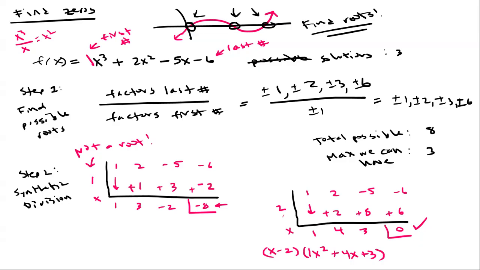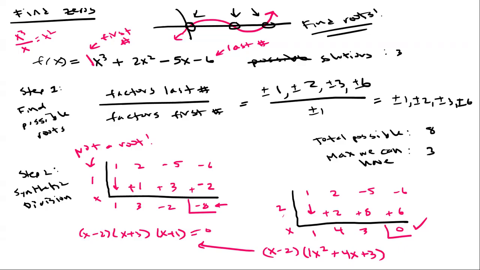So if we were to factor this, do it over here, this is going to be x minus 2 times x plus 3 and then x plus 1, right? X squared plus 4x plus 3 is x plus 3 times x plus 1, okay? And that's equal to 0.